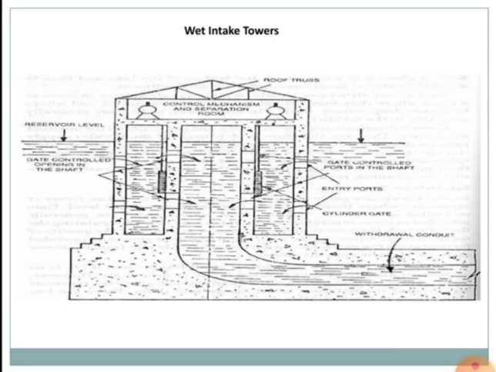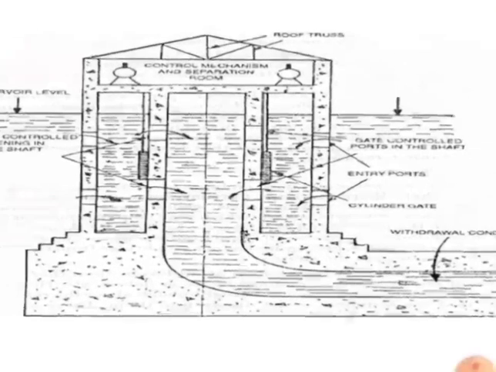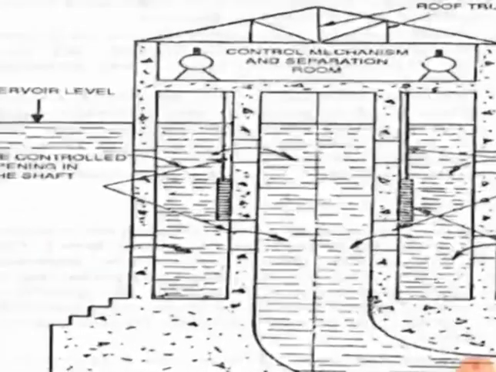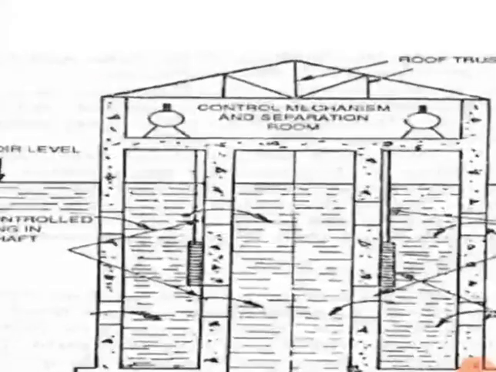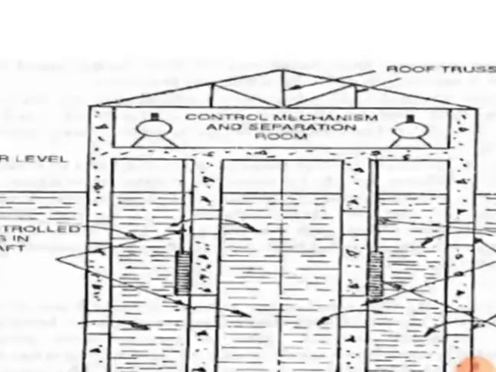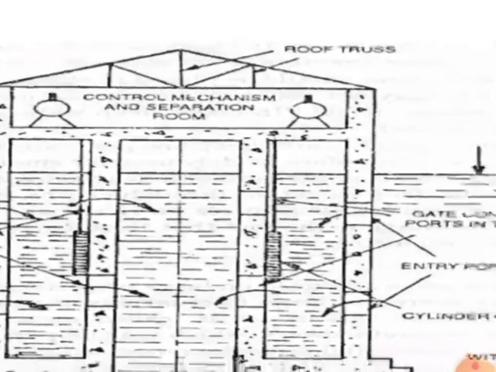A wet intake consists of a concrete circular shell that is filled with water up to the level of the reservoir, and openings are made into the outer concrete shell as well as into the inside of the shaft, and here gates are provided. You can see the gates are placed on the shaft so as to control the flow of water into the shaft and the withdrawal conduit.